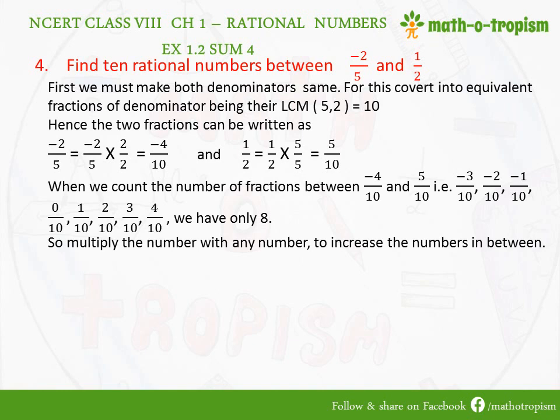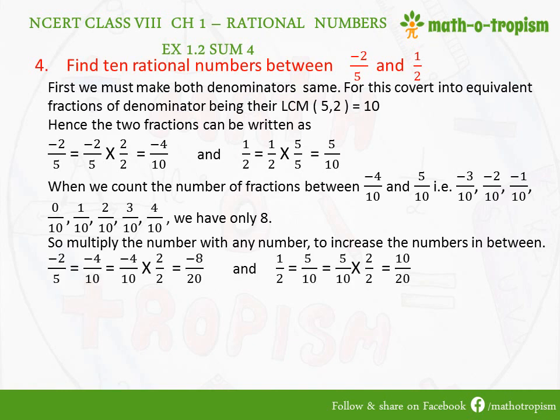So we need to multiply with a number such that it increases the number in between. I am just taking the smallest number and multiplying both the equivalent fractions with that number. So minus 4 by 10, if we multiply with 2 by 2, becomes minus 8 by 20, and similarly 5 by 10 becomes 10 by 20.